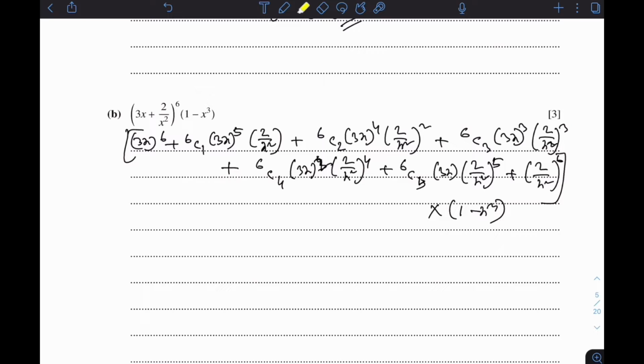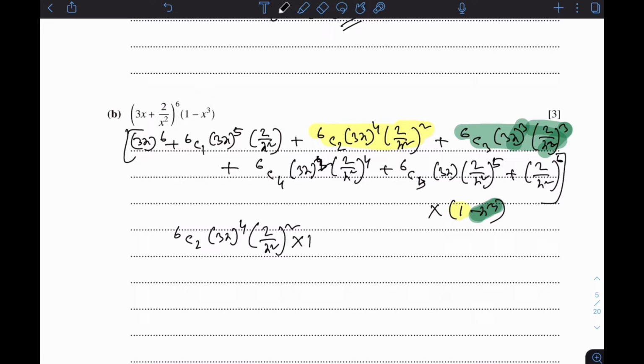And then if we check here, if we multiply with 1, we are having the terms which are independent of x. Multiply with x cube to get the terms which are independent of x. So let's see this one. x cube and x to the power 6, if you simplify, it will be 1 by x cube, and if you multiply with x cube, it will also be independent of x. Now let me see these two terms. 6C2 (3x)^4 (2/x^2)^2 into 1.